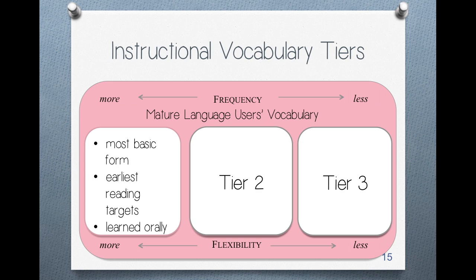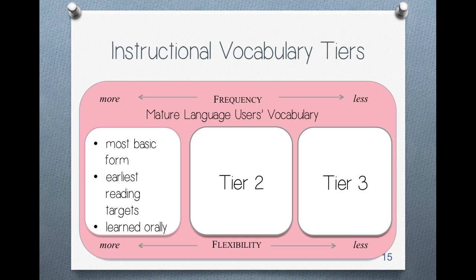If we were to take a look at Tier 1, which is the first tier, those words are the most basic forms of words. So they're represented in oral language. So typically the language that we're using verbally with individuals before they're headed off to school, those are Tier 1 words.